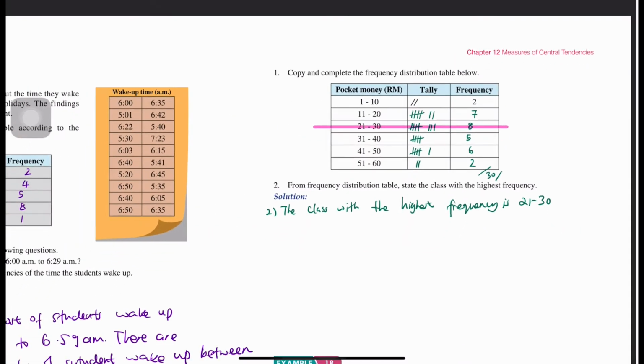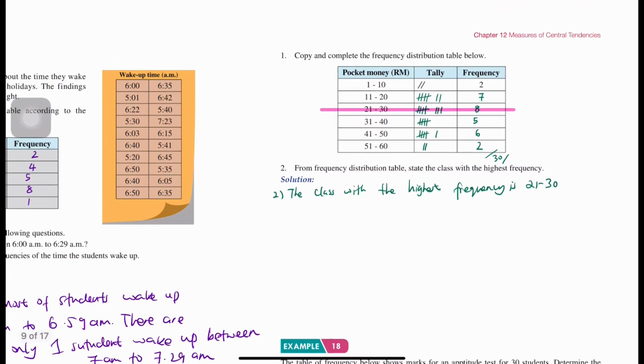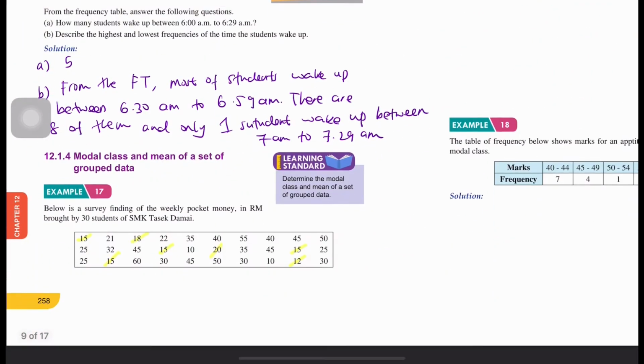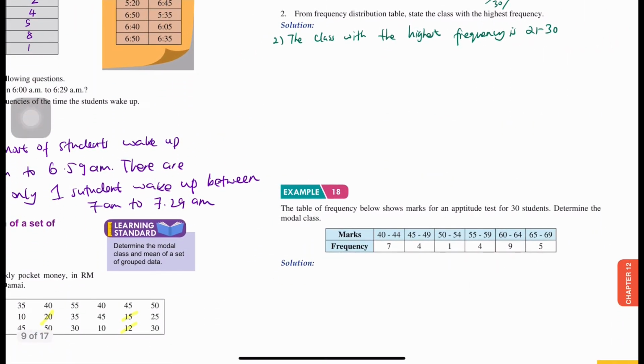Next. Apa lagi dia nak? Itu je dia nak. So next question.